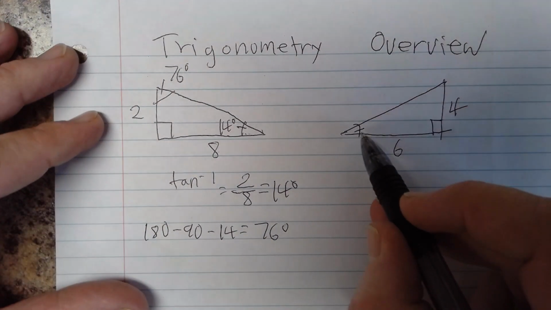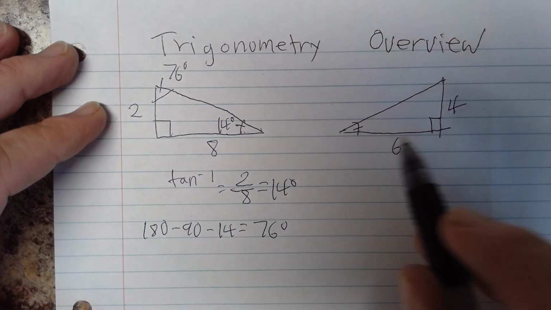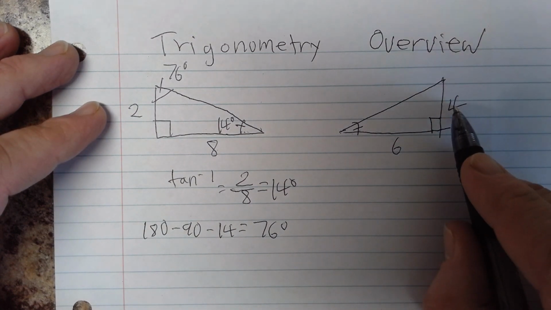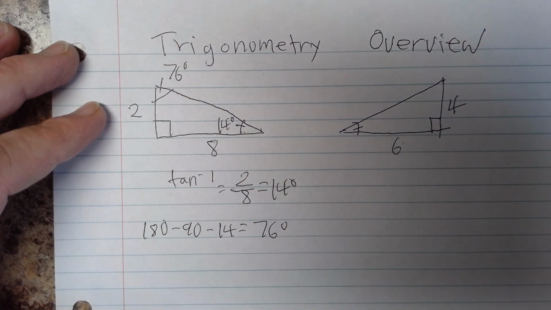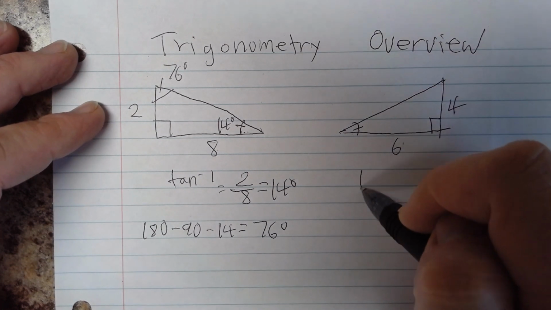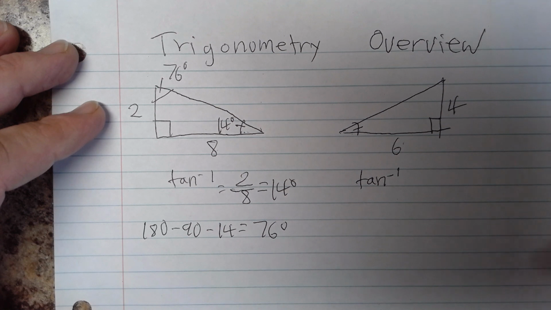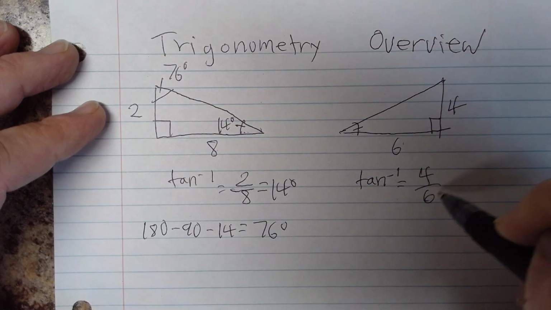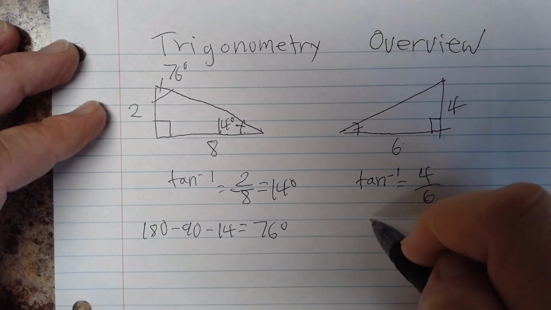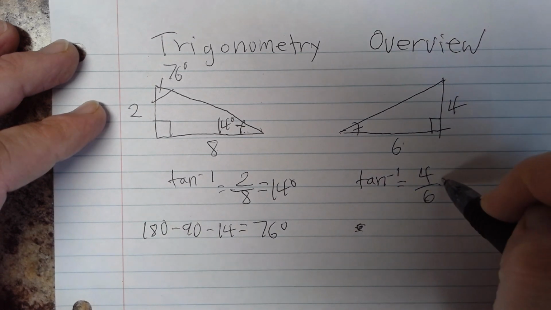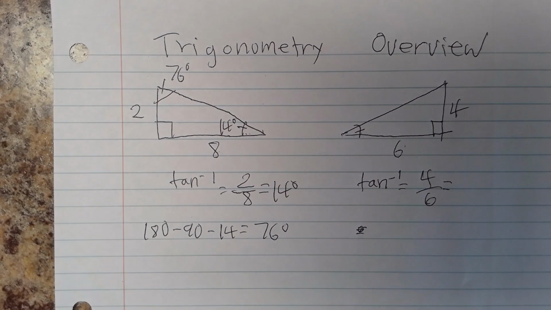Let's have a look at this one. We have an unknown angle here. Again, we have 4 opposite, 6 adjacent. So again, this is a tangent example. Tangent inverse 4/6. I don't think I need to demonstrate again.